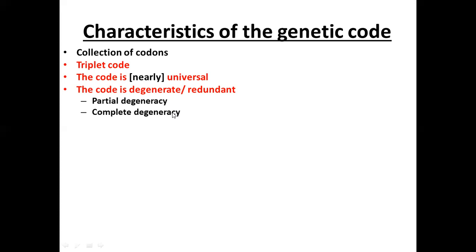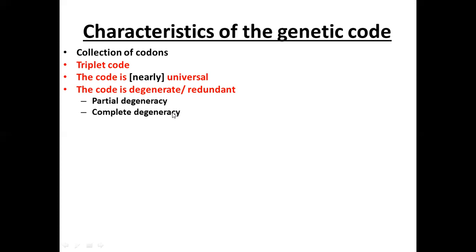So for example, coding for leucine, we have CUU, and also CUC codes for leucine. Look at CUU and CUC. The first 2 nucleotides are identical, they are both CU. And then the third nucleotide, in CUU you have a U, and in CUC we have a C. So that is partial degeneracy.